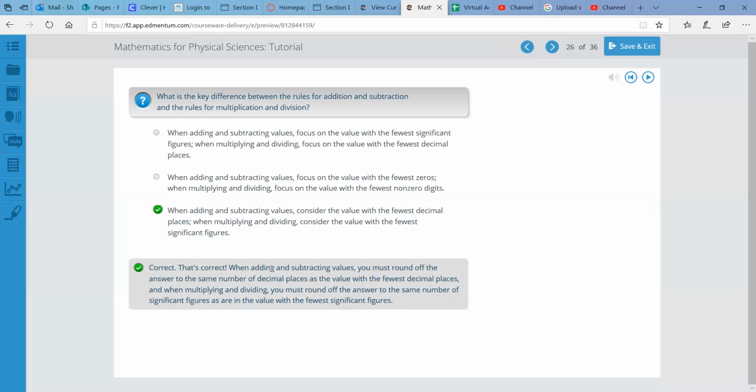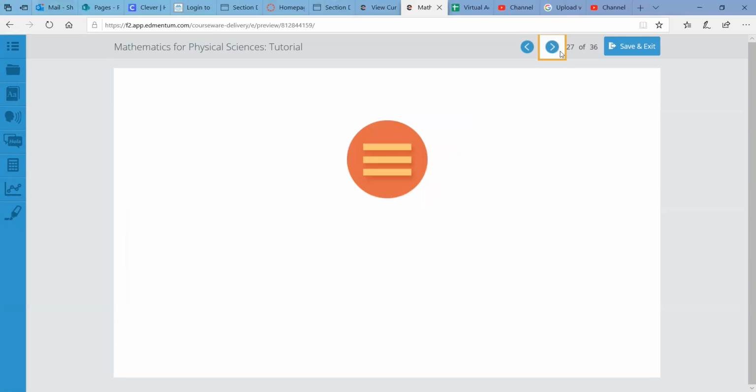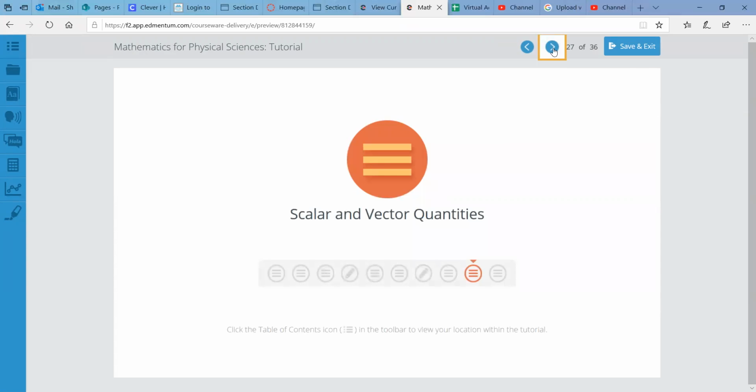So remember, adding and subtracting, you have to round off to the same number of decimal places as the value with the fewest decimal places. But when you're multiplying and dividing, you must round off to the same number of significant figures as the value with the fewest significant figures, okay? Yeah, more practice and you'll get it.